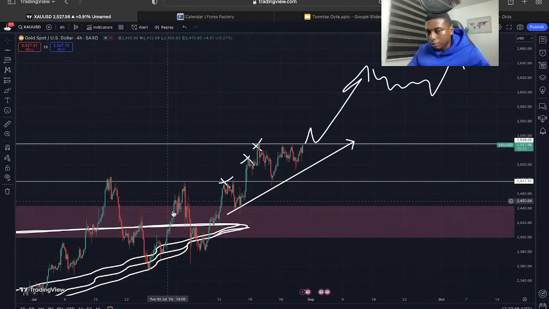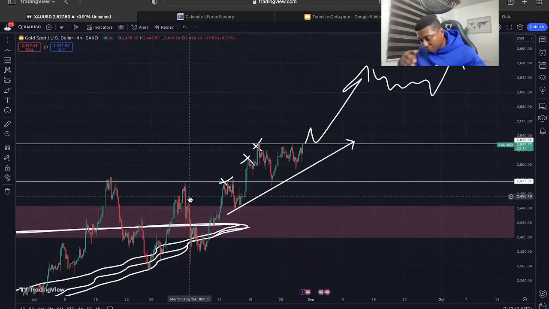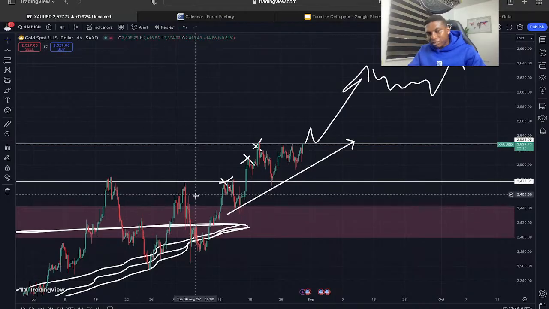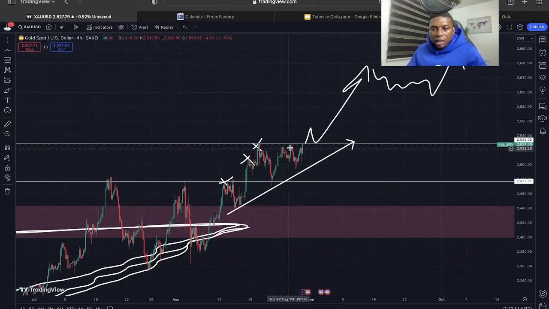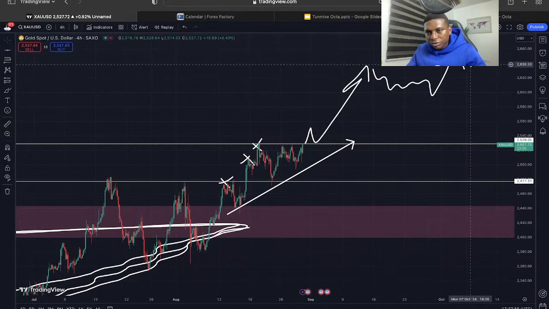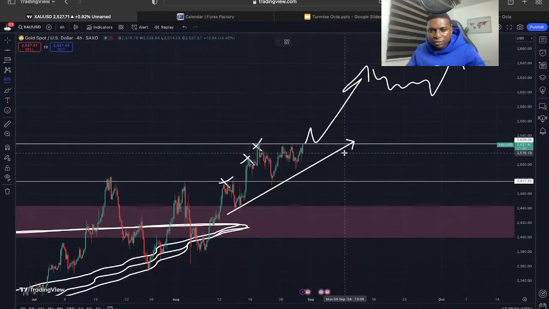For me, stop loss is discretionary, and I use the next support and resistance level as my stop loss zone. So if I'm buying here and I'm looking at a target of 2,600, then 2,400 here would be my stop loss level.